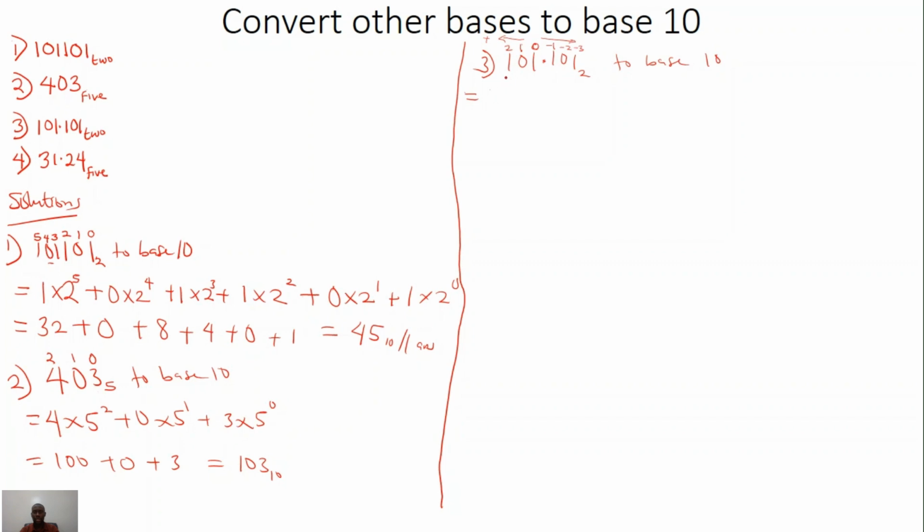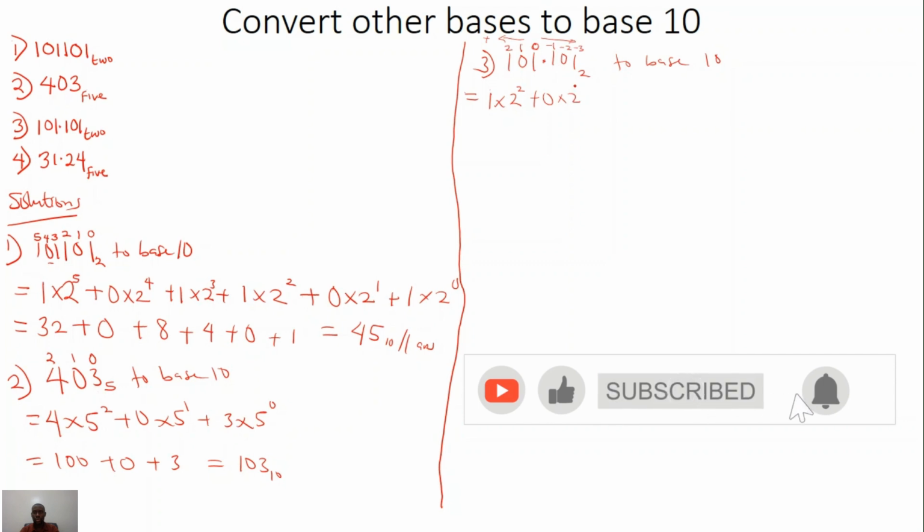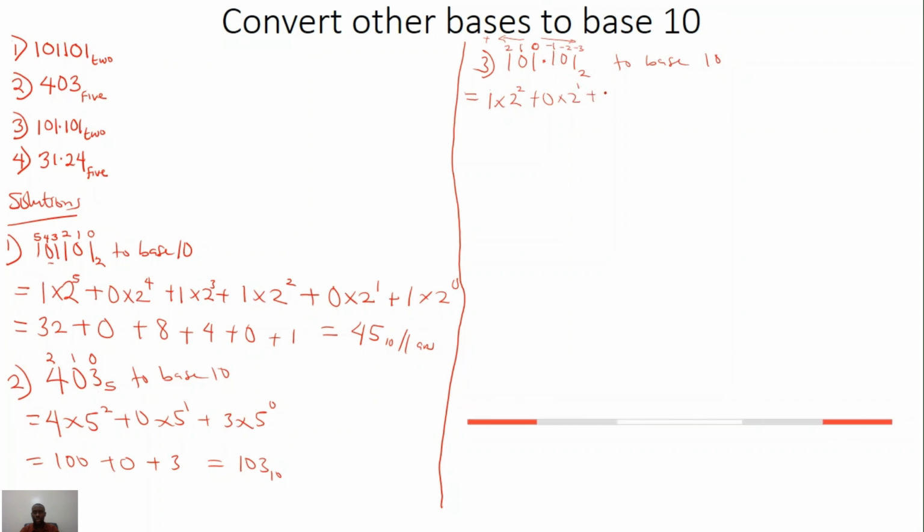So this will give us, let's start from this, 1 times 2 raised to power 2 plus 0 times 2 raised to power 1 plus 1 times 2 raised to power 0 plus, the next number is this, 1 times 2 raised to power minus 1 plus 0 times 2 raised to power minus 2 plus 1 times 2 raised to power minus 3.